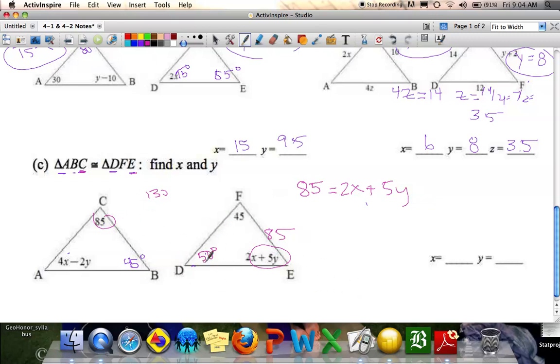So we know that D and A have to match up. So this is a system, and you must solve this: 4x minus 2y. So finish this, maybe pause the tape, and then keep going.